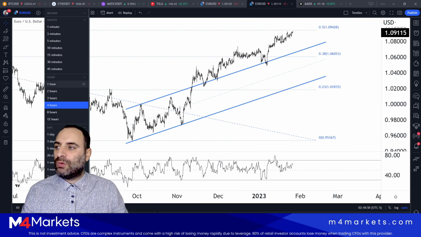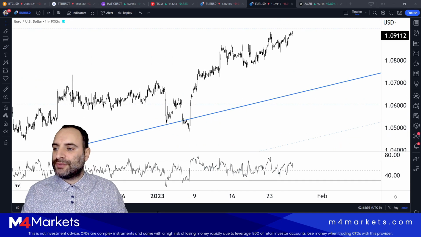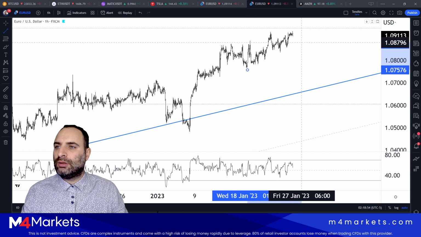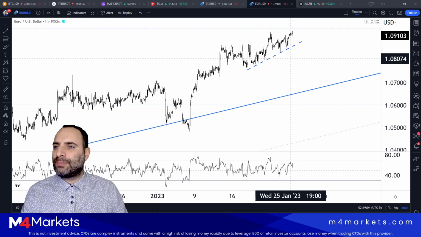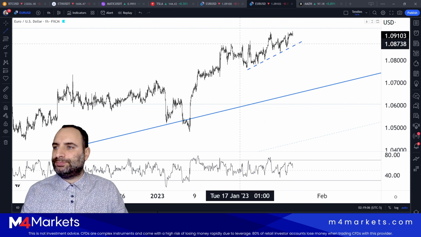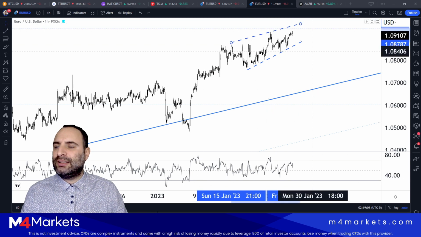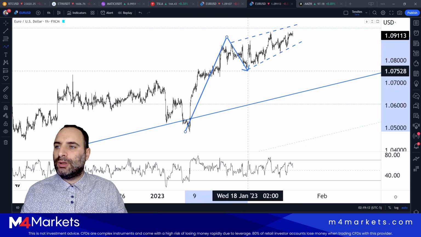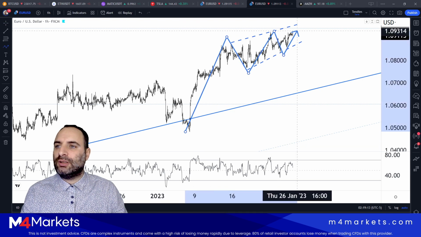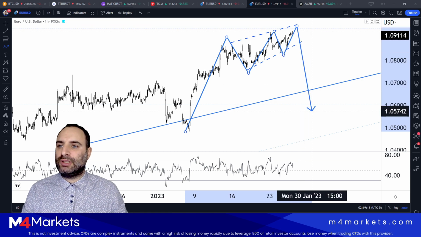So down on the 1 hour, it's very important that we pull a line, and the idea is that we are probably looking at 1, 2, 3, 4, and 5. We should have 3 peaks and 2 troughs in wedges in this particular case.